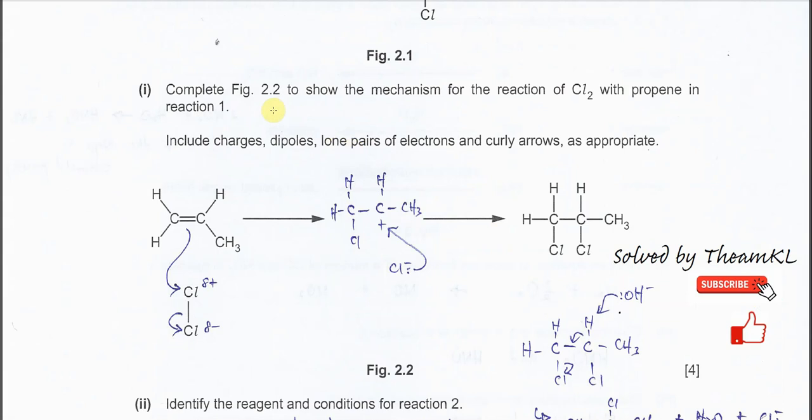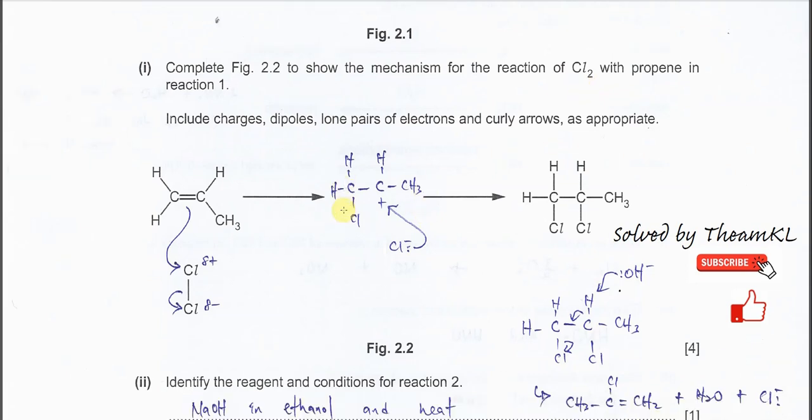Complete figure 2.2, which shows the mechanism for the reaction of chlorine with propene. This one is quite easy and is always asked. The first thing you need to do is put the partial charges on the chlorine molecule, partial positive and negative.